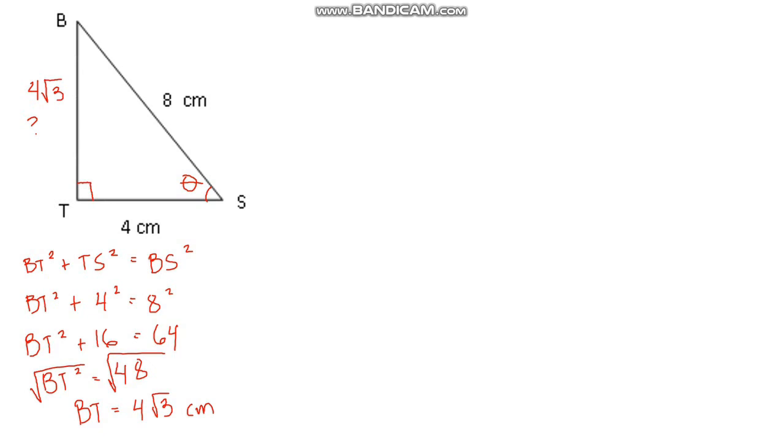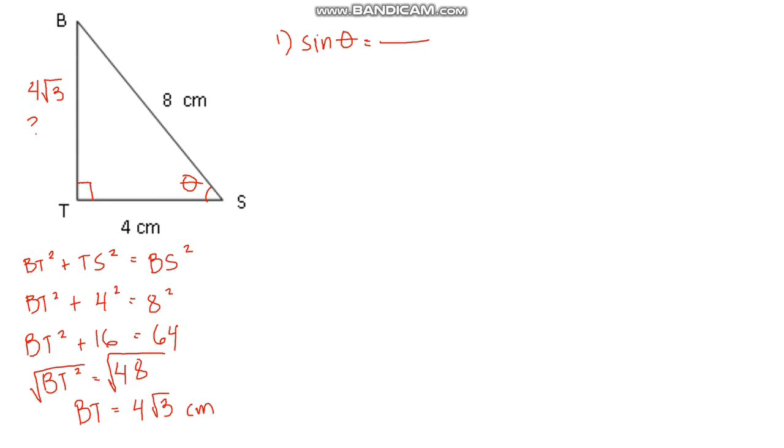Now that we already have the missing side, we can now solve for the trigonometric ratios of the given angle, which is the theta here. So let's write here sine of theta, or this is angle BST. Sine again is opposite over hypotenuse.